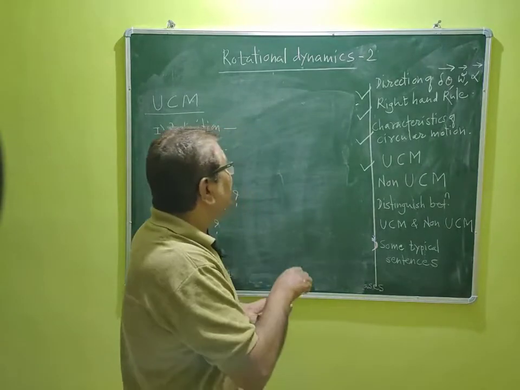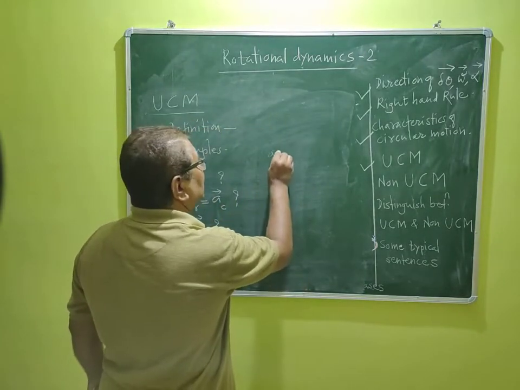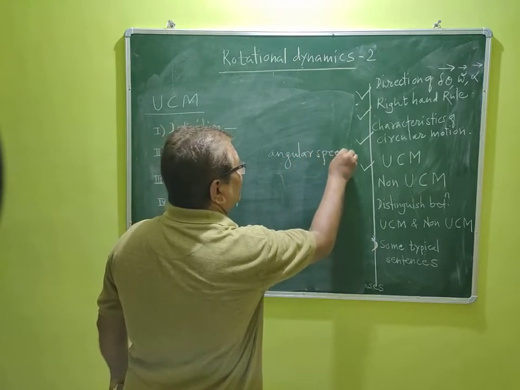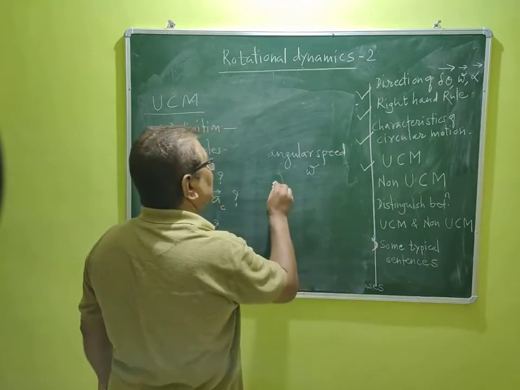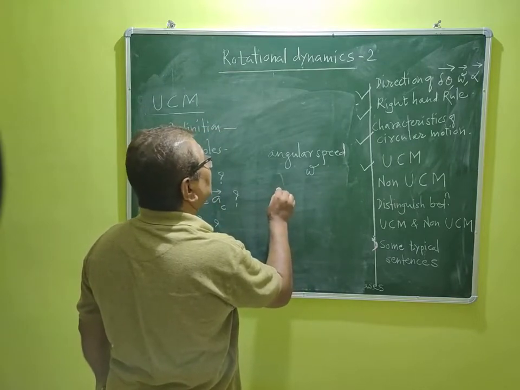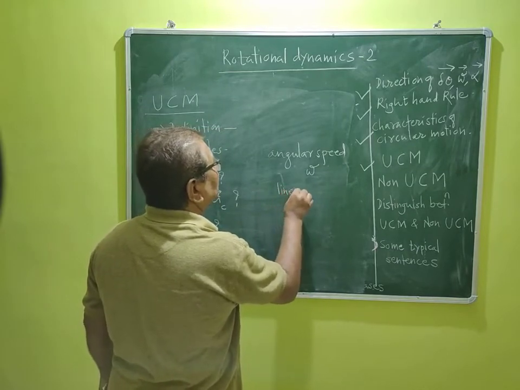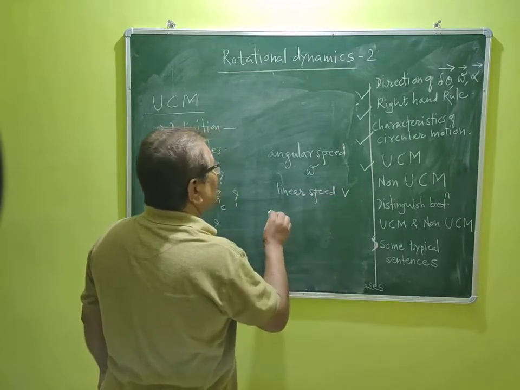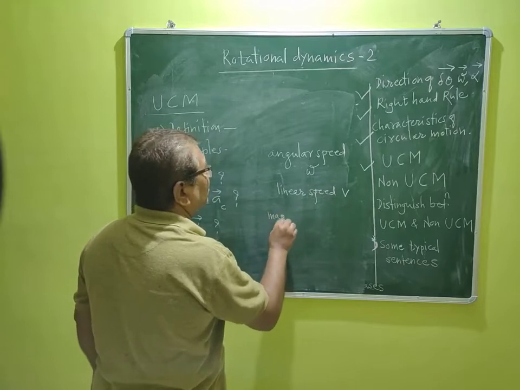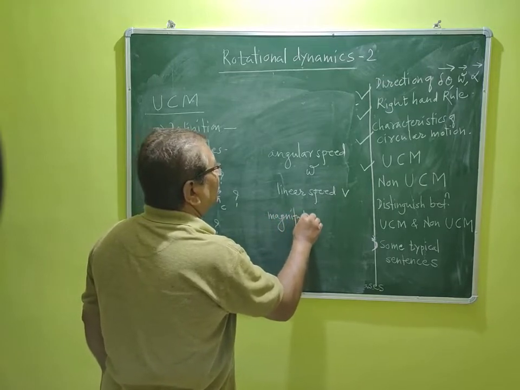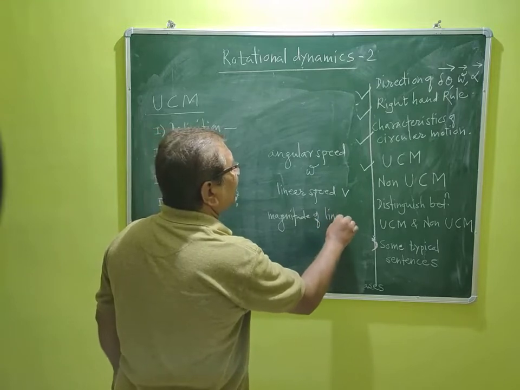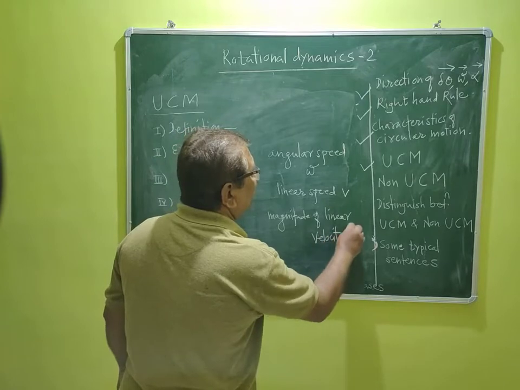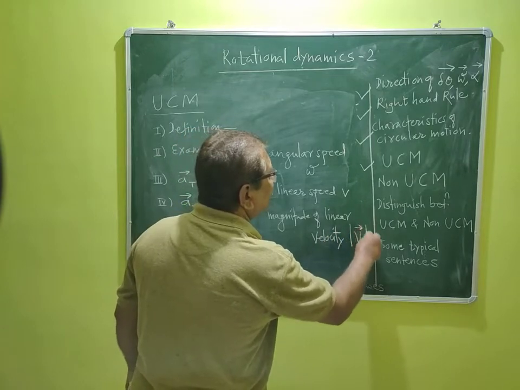So I will write 3 words here: angular speed, then linear speed, then magnitude of linear velocity. Magnitude of linear velocity is denoted like this.